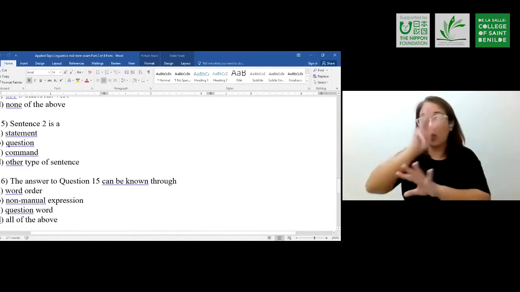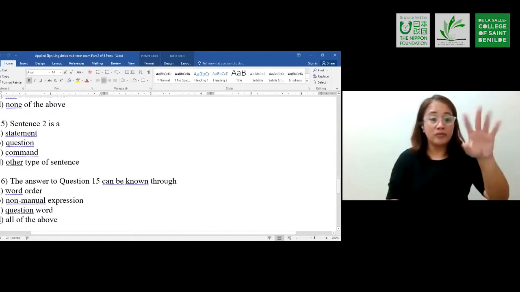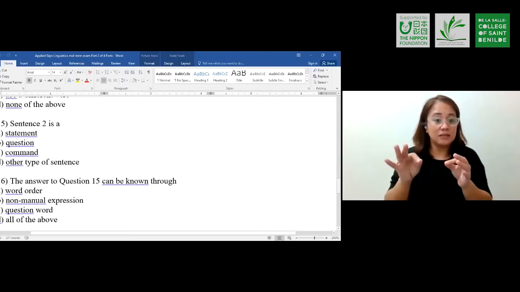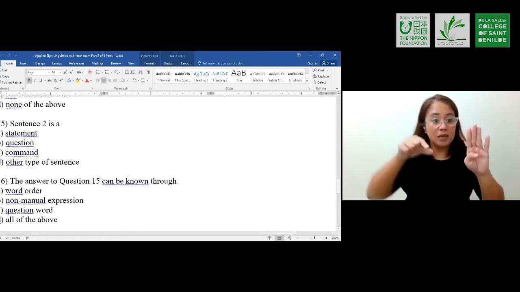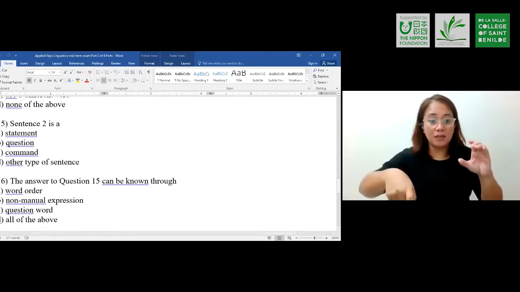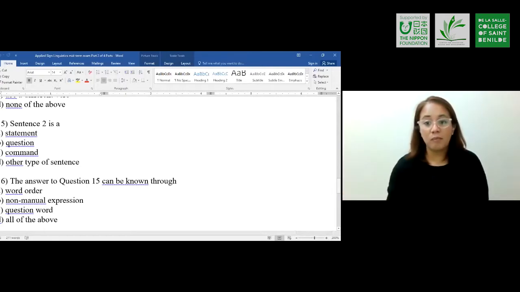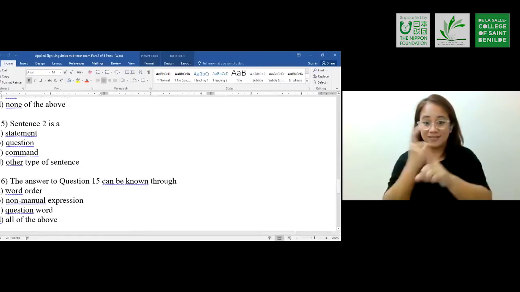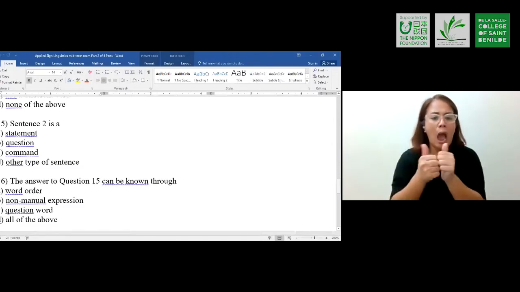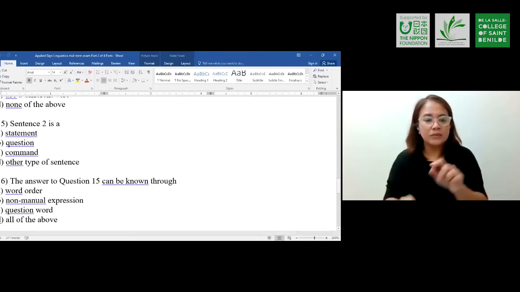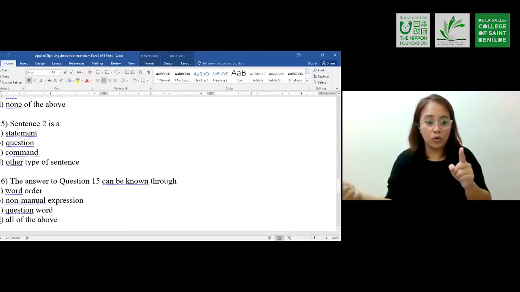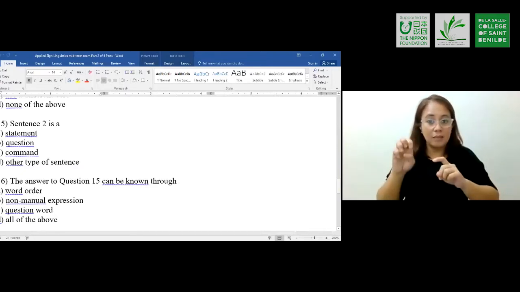Sentence 5 is A, a statement, B, question, C, command, D, other type of sentence. I see B. B, a question. 16, how do we know the answer? Through A, word order, B, non-manual expression, C, question word, D, all of the above.